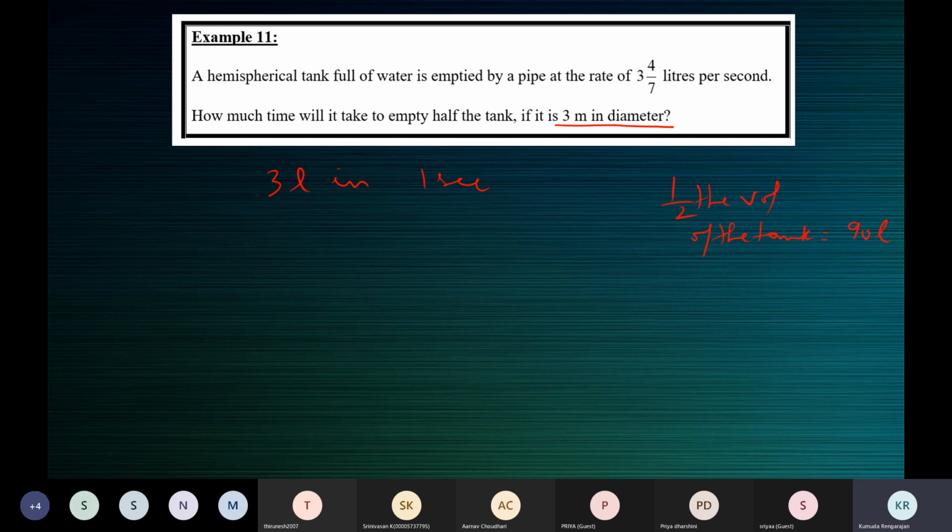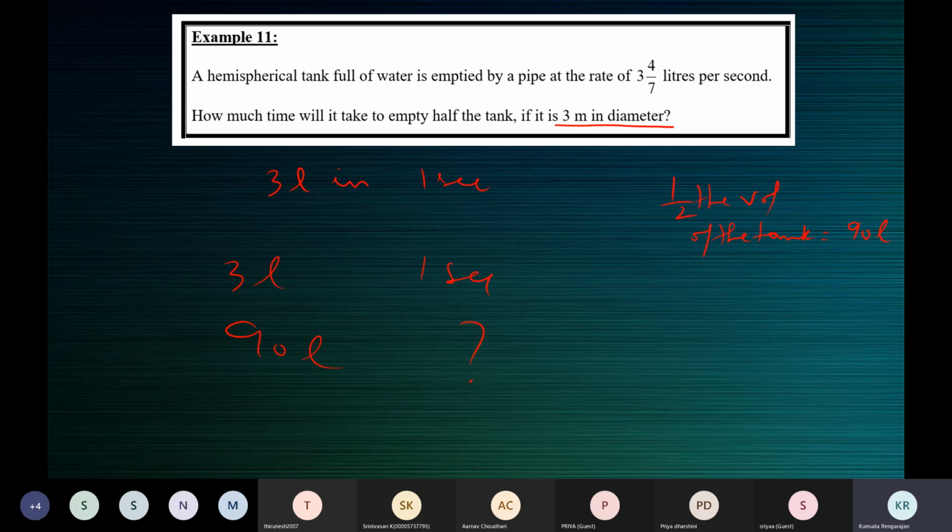So how will you find, if 3 liters in 1 second, 90 liters in how many seconds? 3 liters 1 second, 6 liters 2 seconds, 9 liters 3 seconds, 12 liters 4 seconds, 15 liters 5 seconds, 90 liters 30 seconds. In 30 seconds, 90 liters of water will come out.